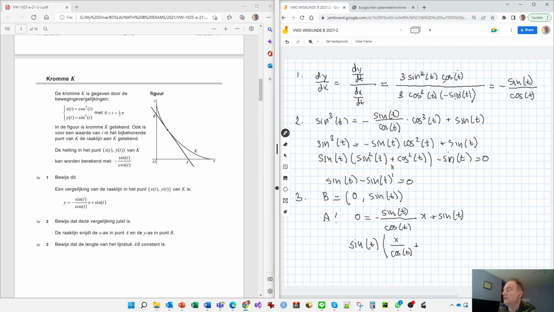And here I get a minus sine of t, but I factorize sine, so I get just a minus 1. So for this to be 0, that means that x is cosine of t.